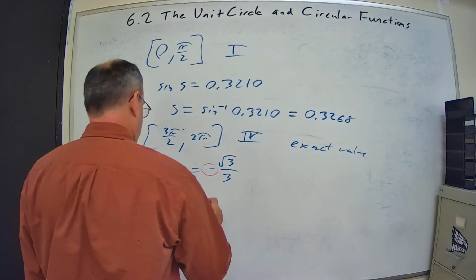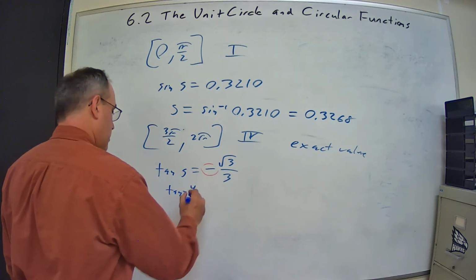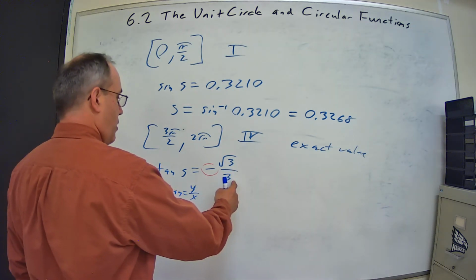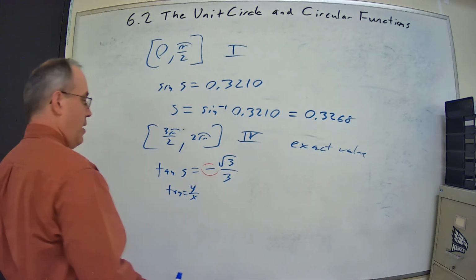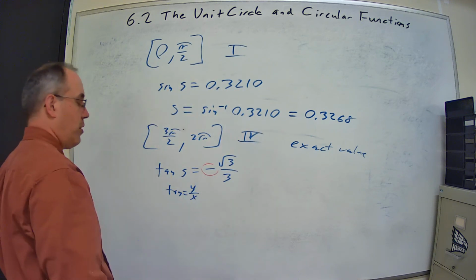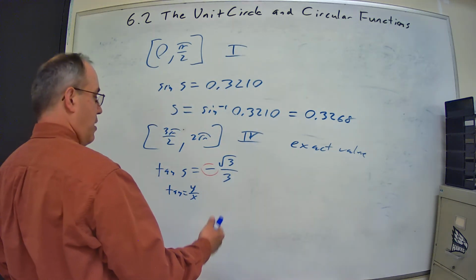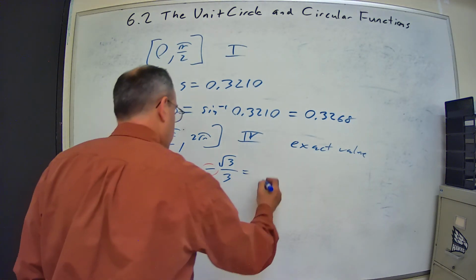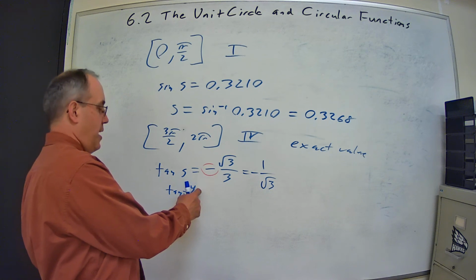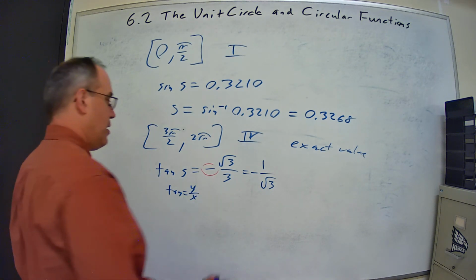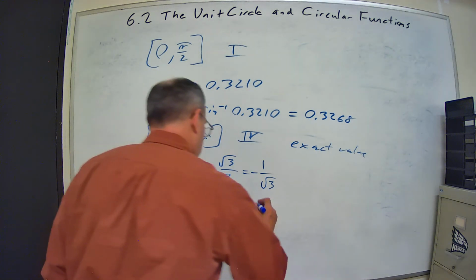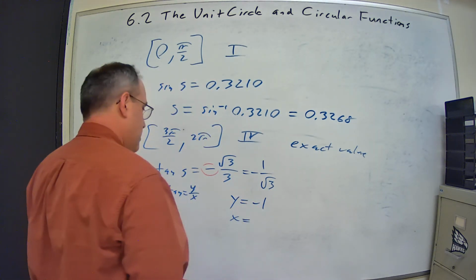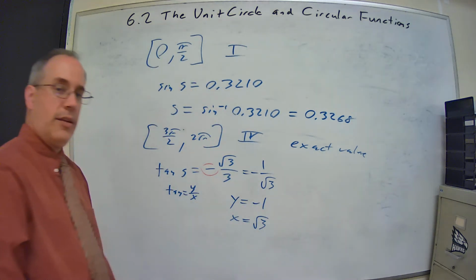So I can break this down and say, negative square root of 3 over 3 is going to be, because I know where I am in the unit circle, 1 over the square root of 3. Since y is going to be negative and x is going to be positive, y is equal to negative 1, x is equal to square root of 3.